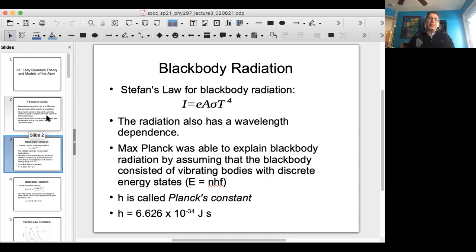Max Planck was able to explain black body radiation by assuming that the black body consisted of vibrating bodies with discrete energy states. So the black body had vibrations of specific frequencies, and so the energy consisted of an integer multiplied by h, which is called Planck's constant, and multiplied by the frequency of the radiation.